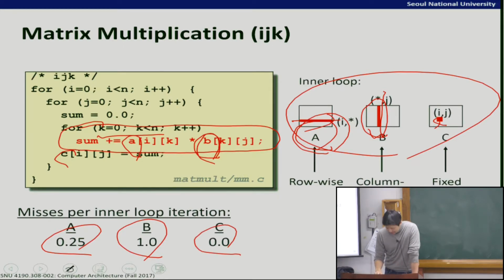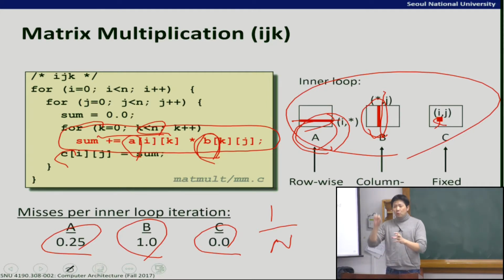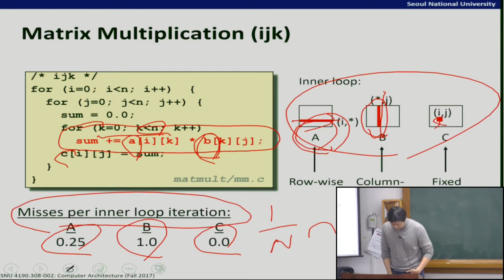To be precise, it is read once and then keeps hitting. You access n times, but only the first time you have a cache miss; from then on you always have a hit. So this will be 1 over n, which is close to 0. We assume it to be 0. So the misses per inner loop iteration are 0.25 for A, 1.0 for B, and 0 for C.